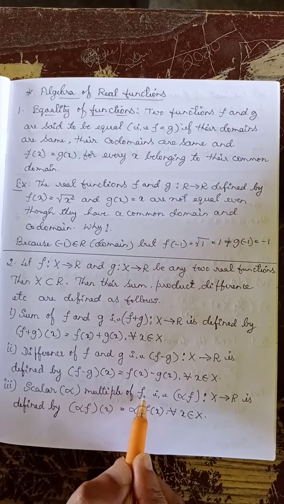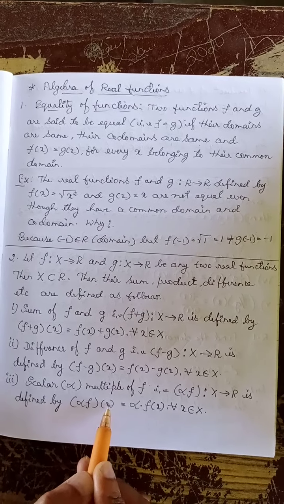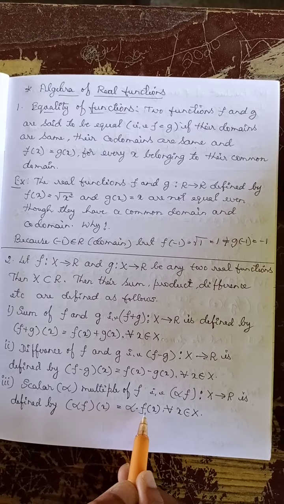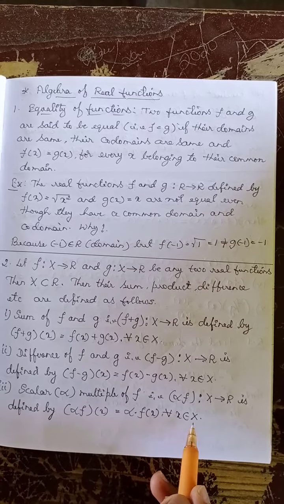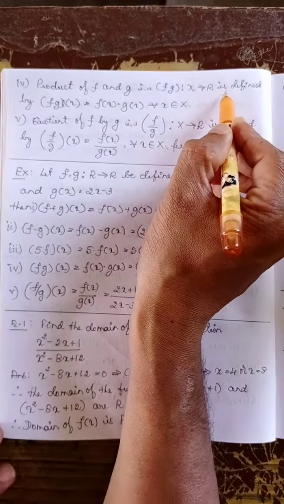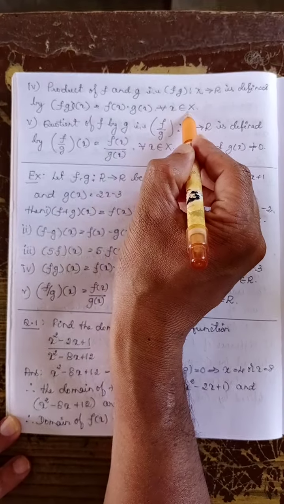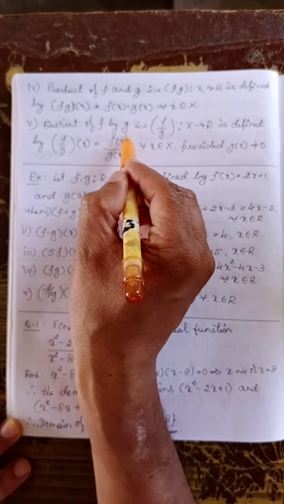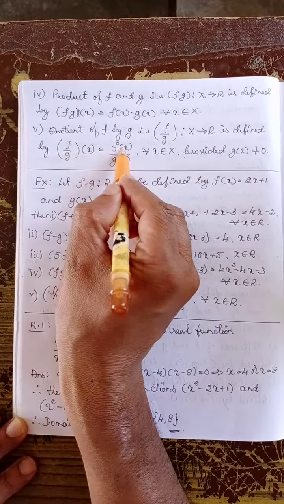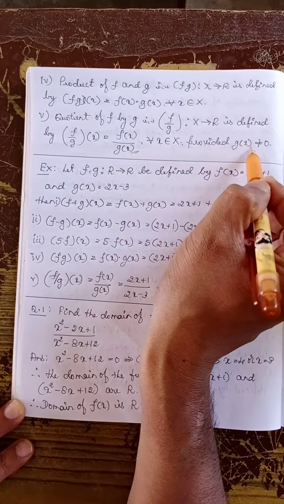When we multiply it into the function f, then it becomes alpha f from X to R, defined by (alpha f) of x is equal to alpha, the scalar, written outside, then the function of x, that is alpha into f of x, for every x belonging to X. The product of f and g, f into g from X to R, is defined by (f into g) of x is equal to f of x into g of x for all x belonging to X. And the quotient of f by g, that is f by g from X to R, is defined by (f by g) of x is equal to f of x by g of x for all x belonging to X, provided the denominator is not equal to 0 here.